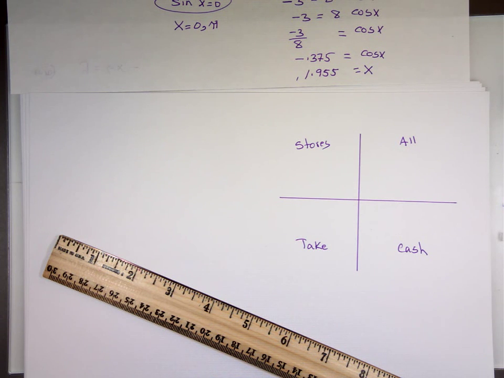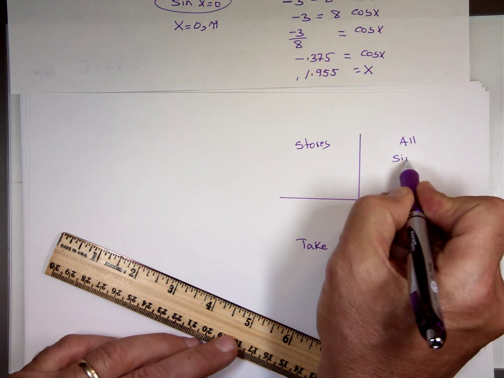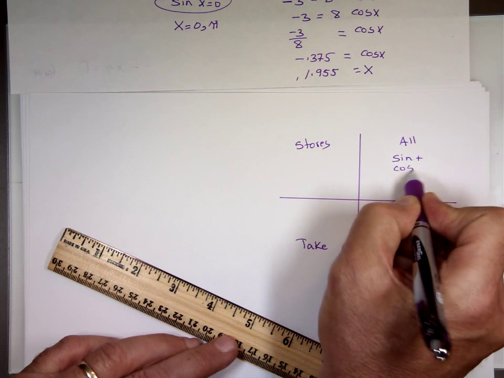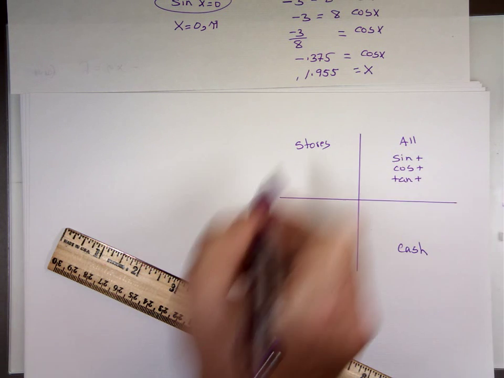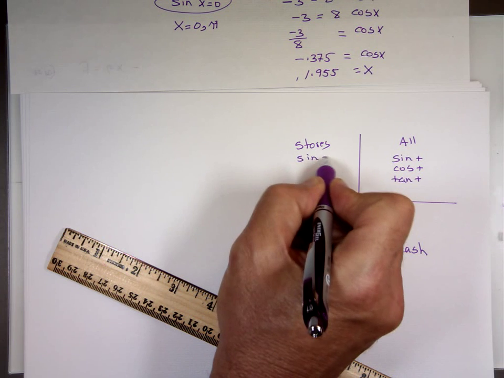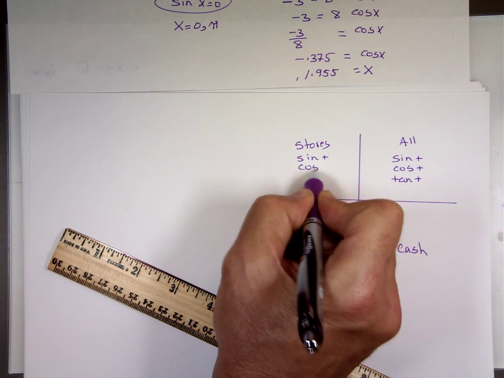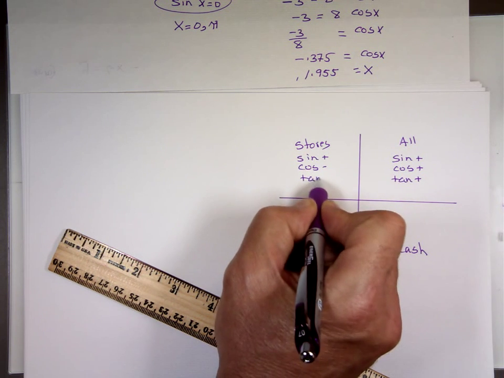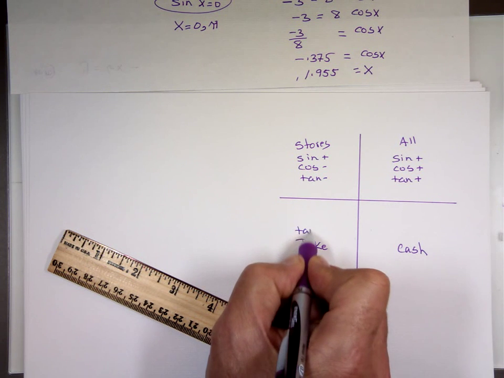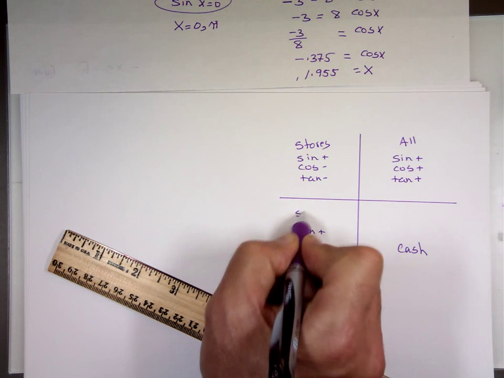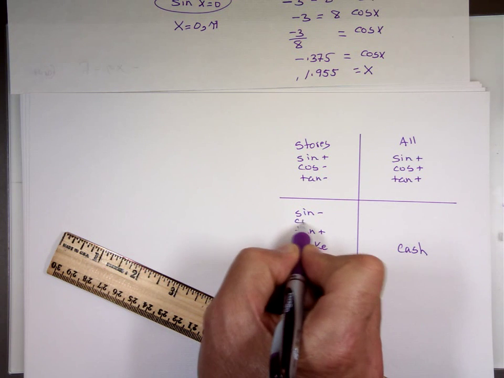The cosine, all 3 are positive here. The sine is positive here. Cosine is negative, tangent is negative. The tangent is positive here, which means the sine is negative and the cosine is negative.